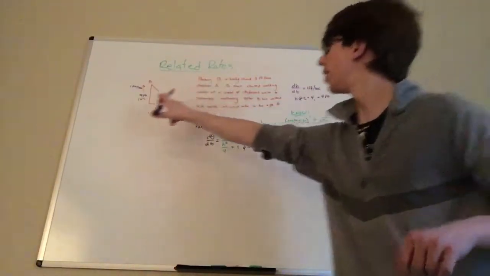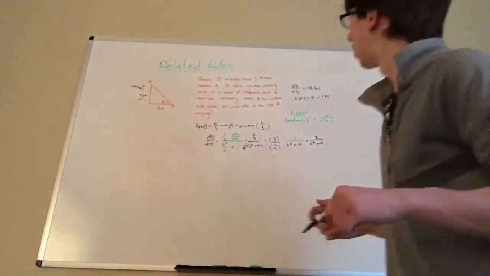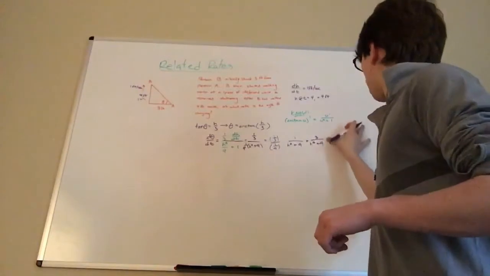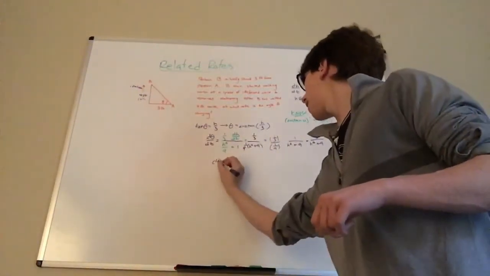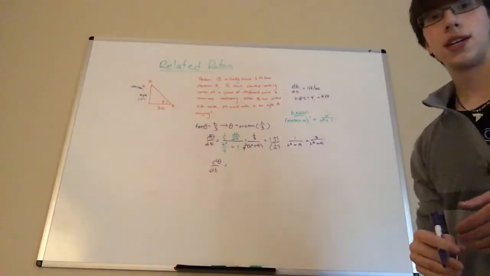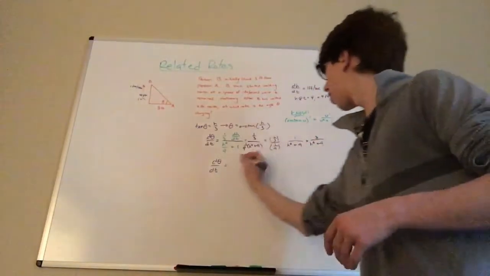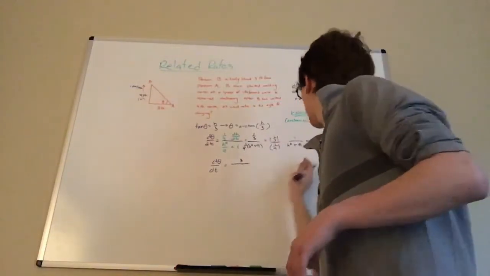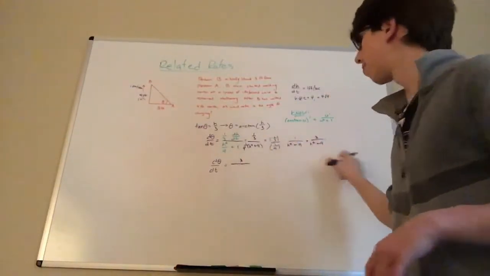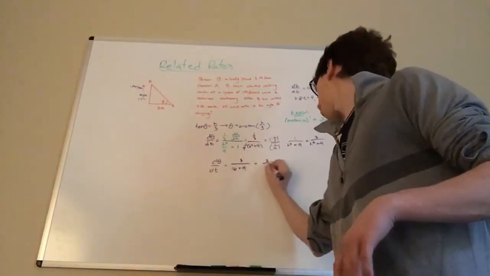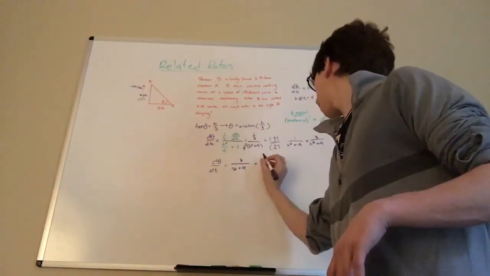H, we know, is 4 feet. So that means that d theta over dt is equal to 3 over h, which is 4, squared, which is 16, plus 9. 16 plus 9 is 25, so it's 3 over 25.